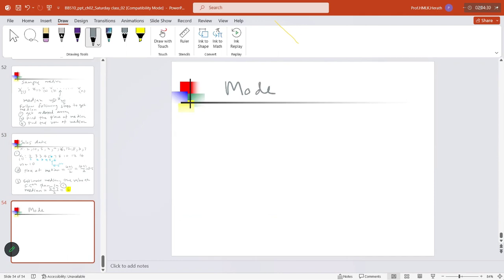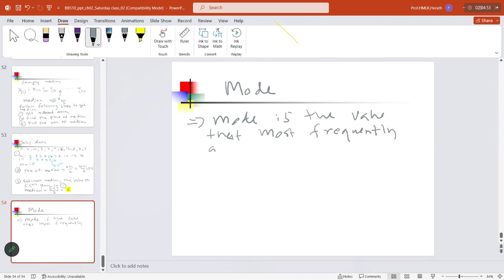The mode is the value that appears most frequently in the dataset.